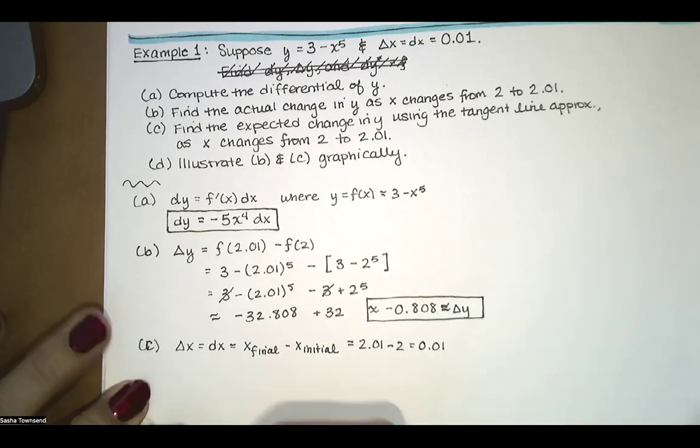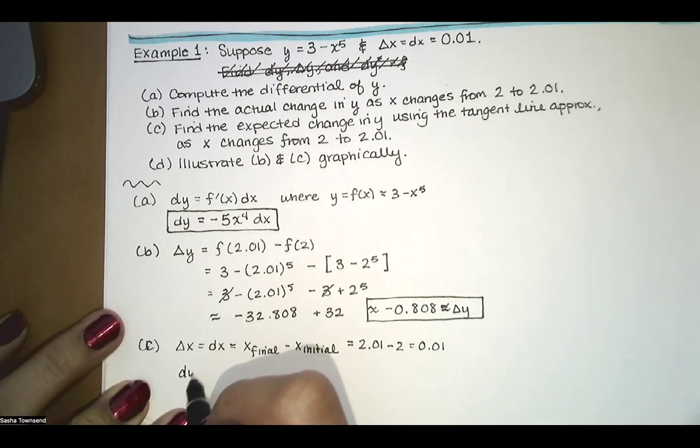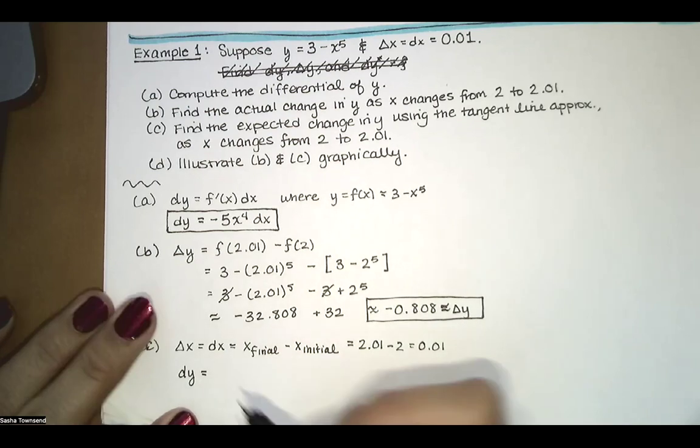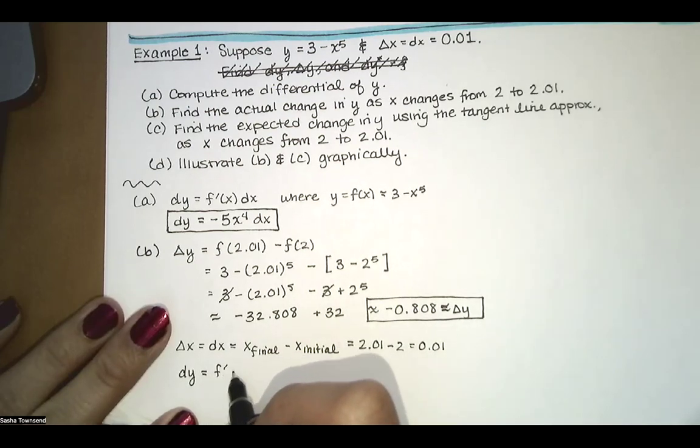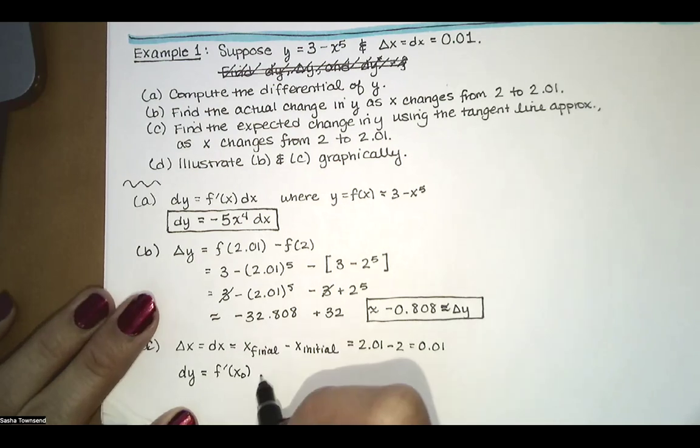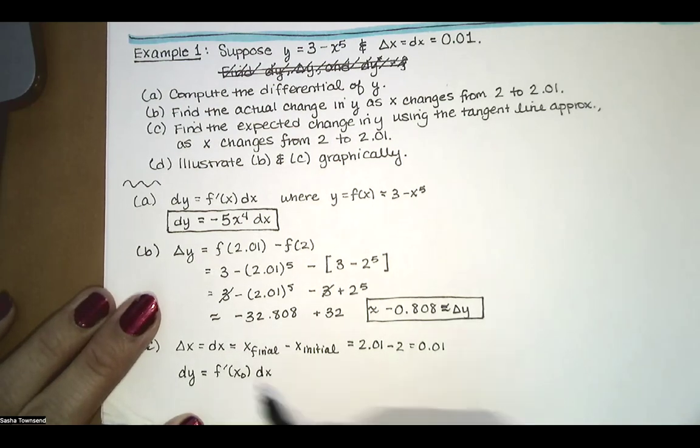The expected change in y is given by dy evaluated at x equals x naught and that corresponding value of dx. Now, f prime of x naught, and x naught is x initial.